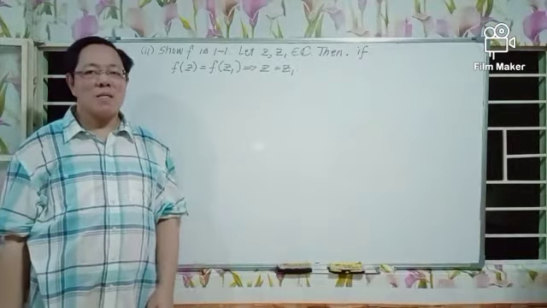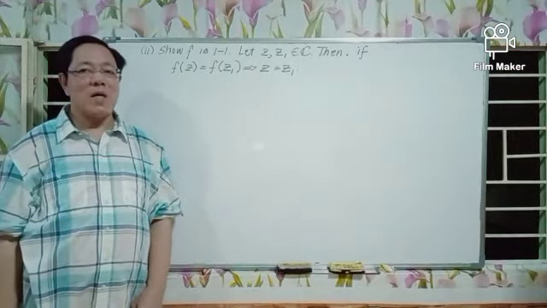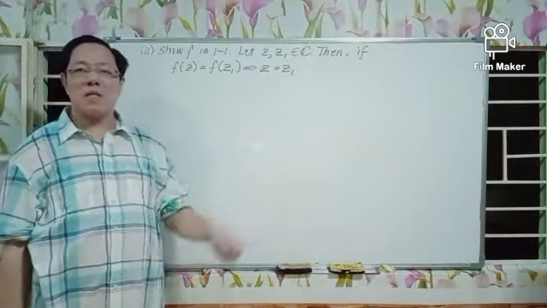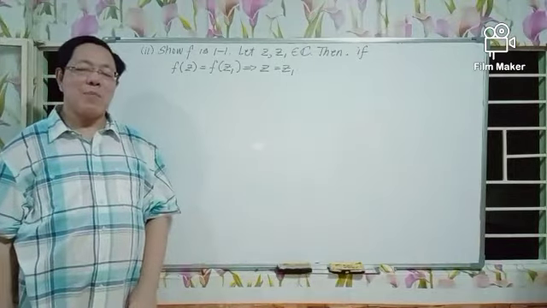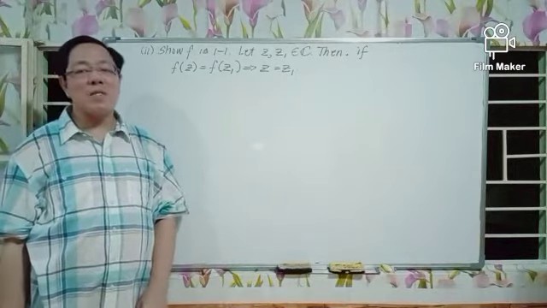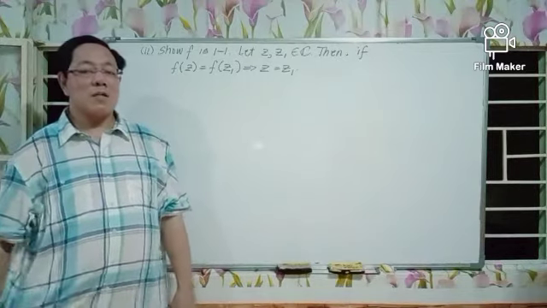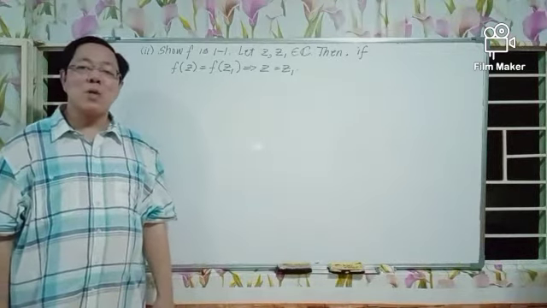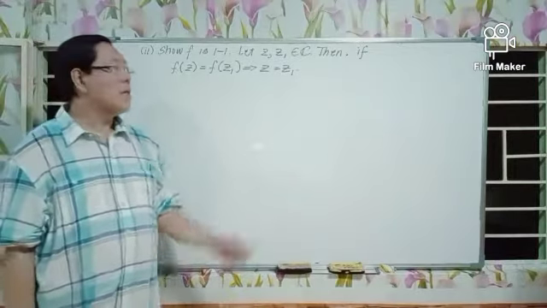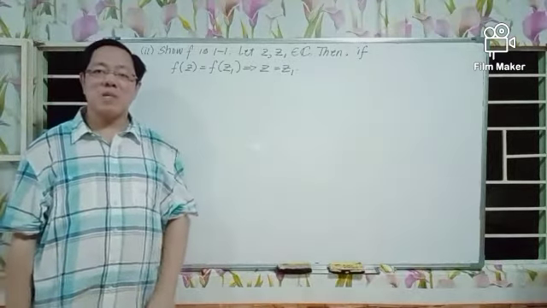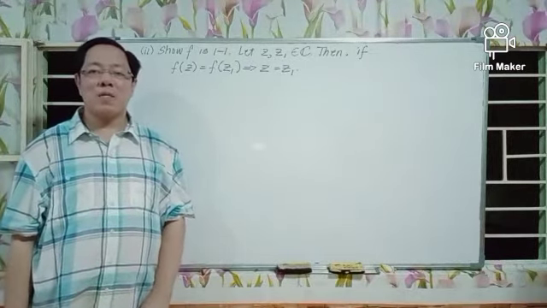That means that the image of each element of the set of complex numbers is unique, which implies that if two elements of the set of complex numbers have the same image, and the function f is 1-1, then these two complex numbers must be the same and equal complex numbers.